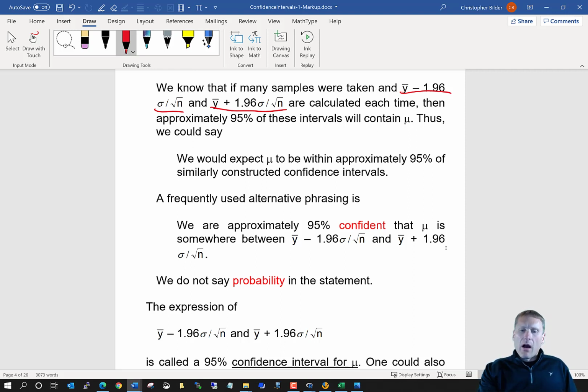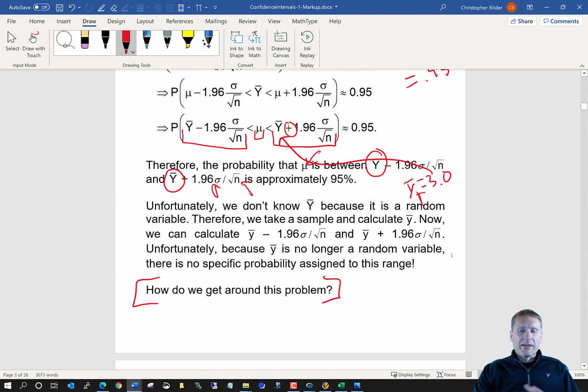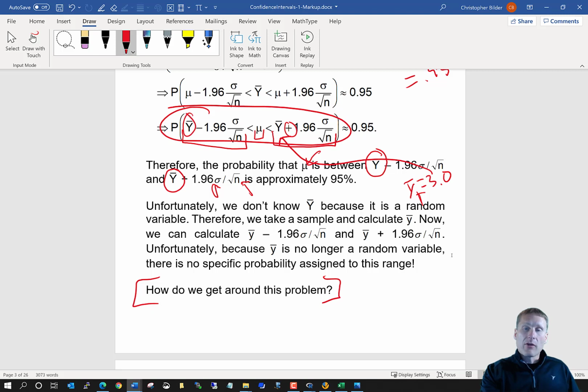Then approximately 95% of these intervals, where I have a lower number and an upper number, should actually contain the population mean of mu. That then gets into the question of what a statement like this means in terms of a probability, where I have a random variable y bar that will vary from one sample to the next.